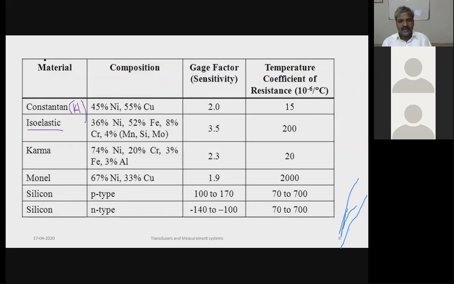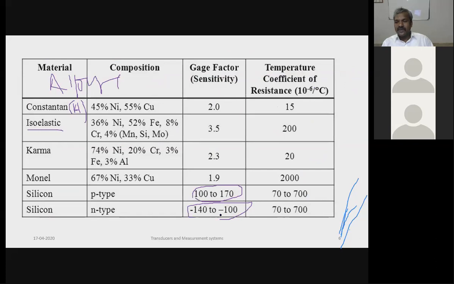These are all the various materials, and the composition of the alloys. Here you could see silicon: P-type silicon and N-type silicon, semiconductor type strain gauges. The gauge factor value for P-type is 100 to 170, and for N-type it is minus 140 to minus 100.